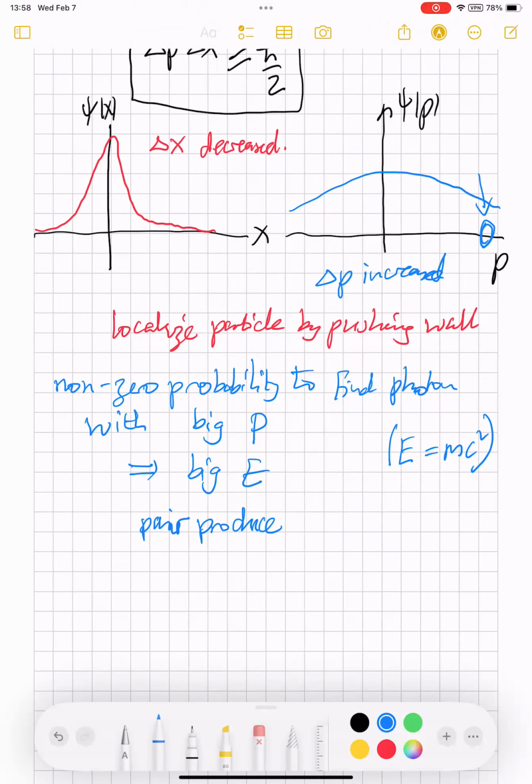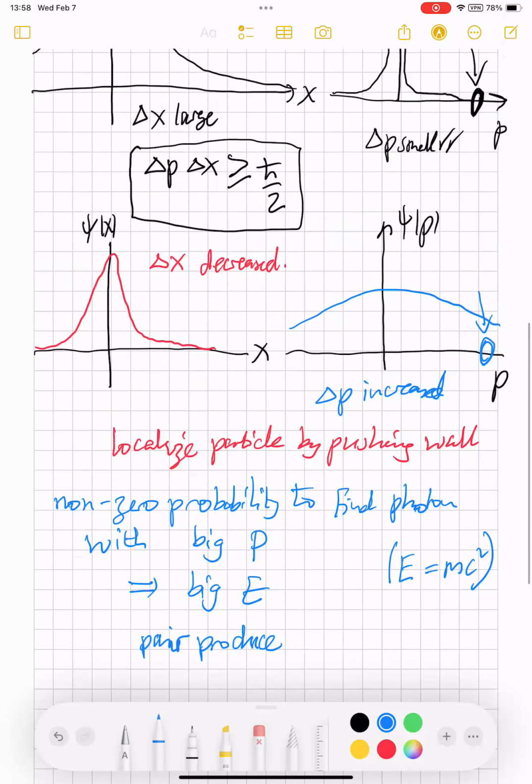And if you keep squashing more, you give all of the particles in the container a lot of energy, and they will all start to pair produce even more. And long before you've managed to localize the photon, you've got a whole soup of multi-particles inside that container. And this is exactly what we've neglected, those multi-particle effects.